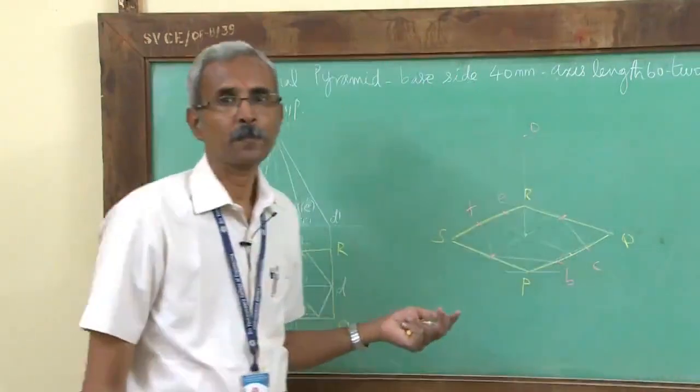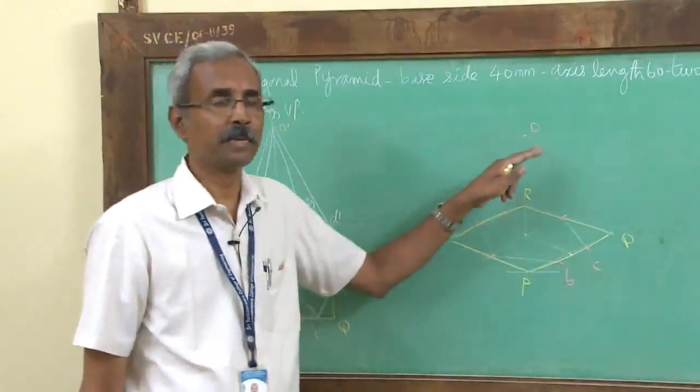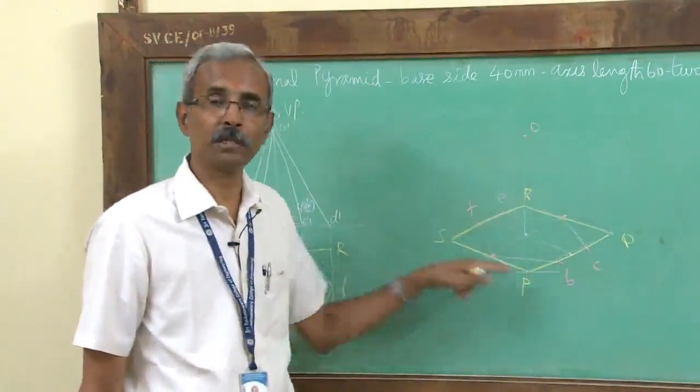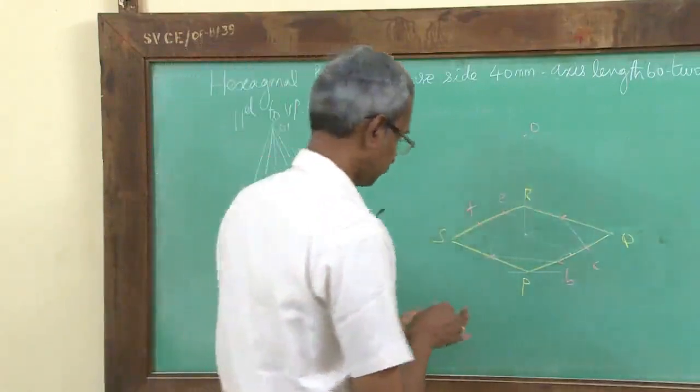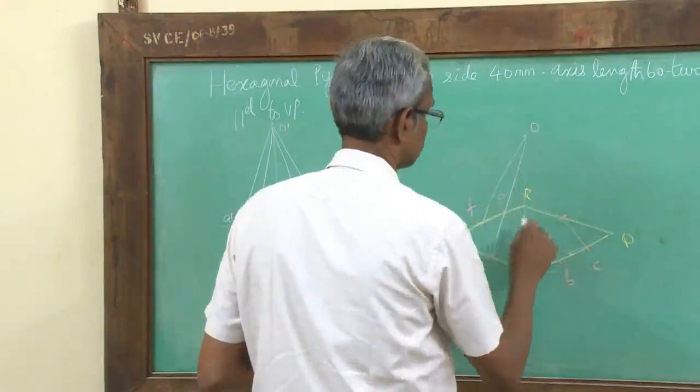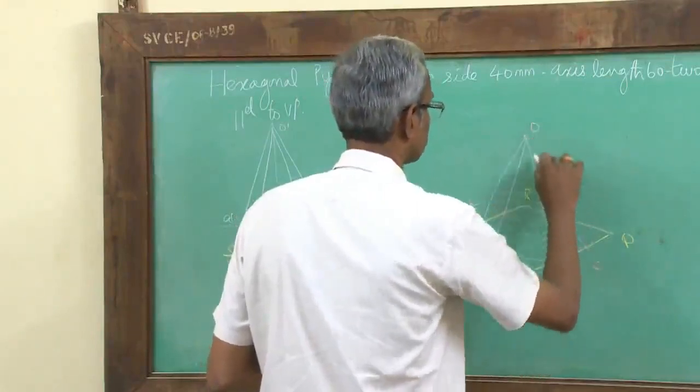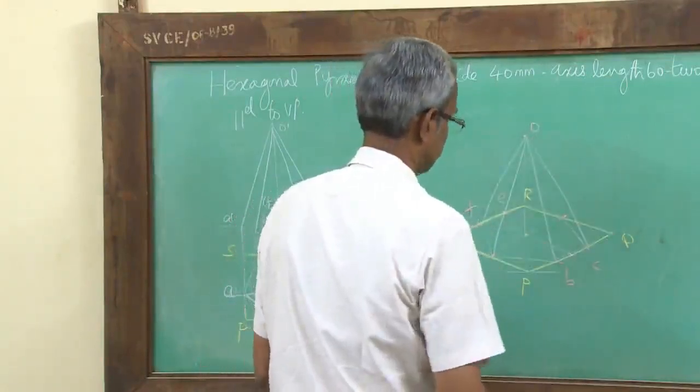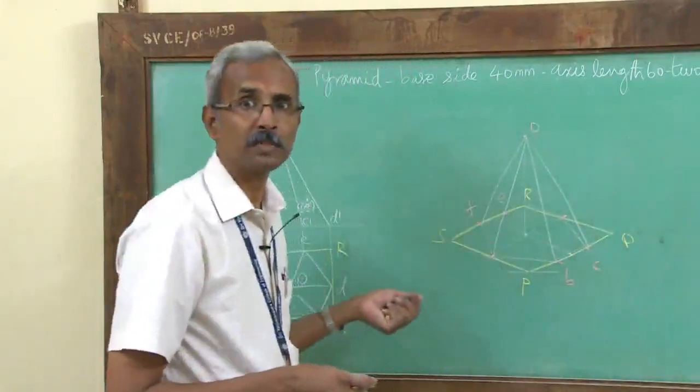This is my apex. And once I have marked the apex, connect the apex O with all the corners, and then darken the visible edges.